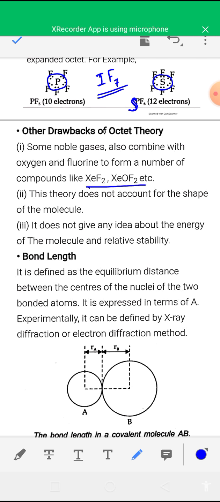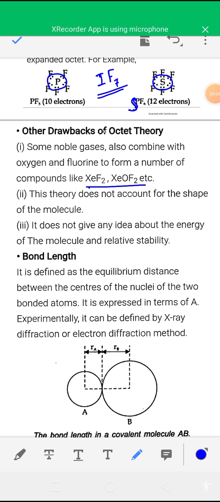But in some cases, some noble gases like xenon, and in a few cases krypton, can also form compounds with fluorine and oxygen. And the octet theory does not account for the shape of the molecule. It does not give any idea about the energy of the molecule and its relative stability. So these are some drawbacks of the octet rule.